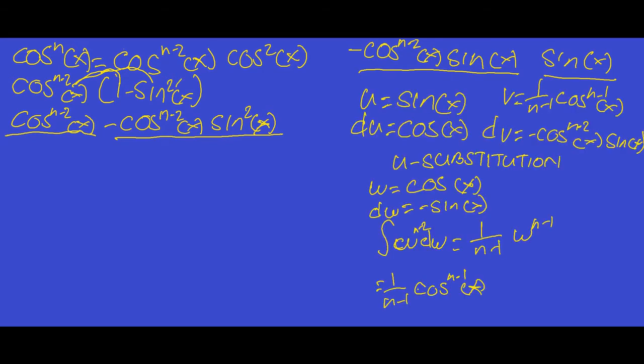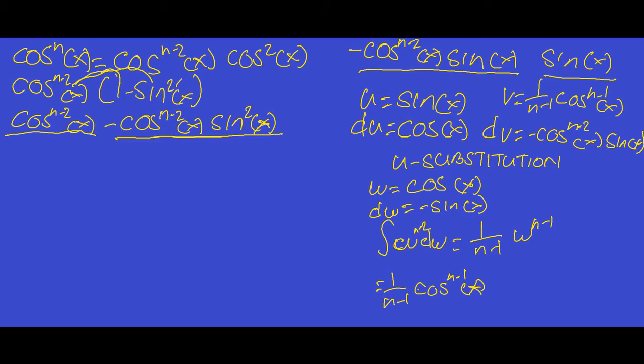So, as you can see, napaghiwalay na natin yung sine at yung negative cosine raised to the power n minus 2 sine. So, yung u is sine, derivative ko na siya into du cosine. While yung dv, negative cosine raised to the power of n minus 2 sine, in-integral ko siya into u substitution.